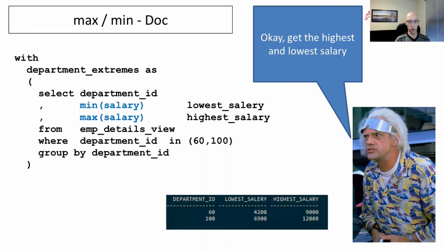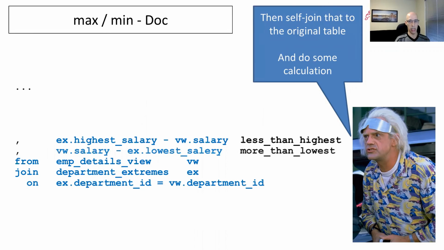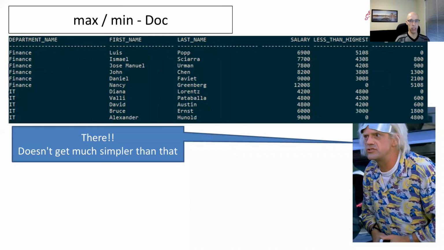And this is the result for each department: we'll have the minimum salary and the maximum salary. And now we take that and join that to the employees, and we just calculate the highest salary minus the current salary and the current salary minus the lowest salary. And this is what we'll get, exactly what I asked for.